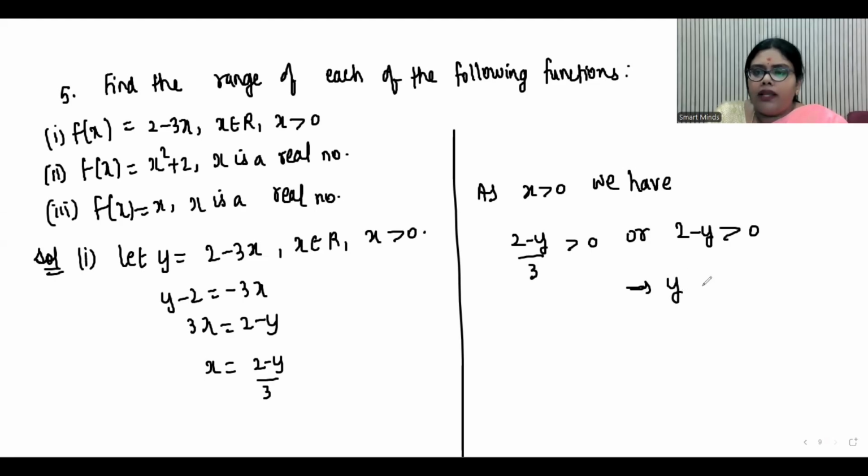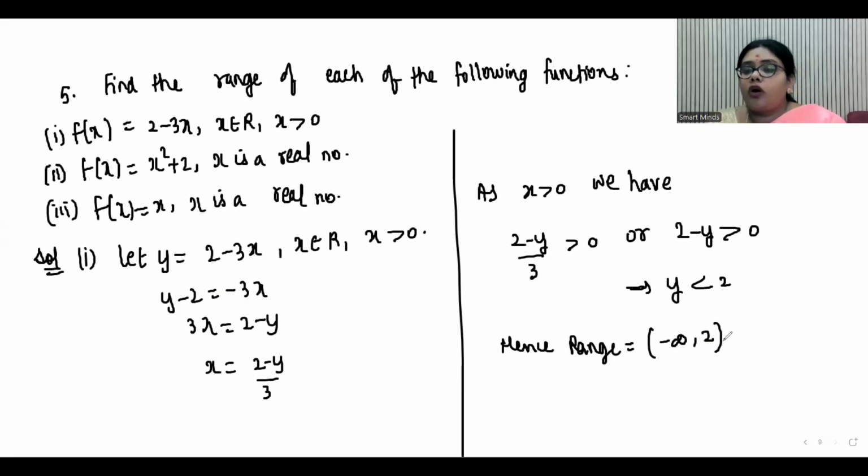That means y is less than 2. Hence, range is equal to minus infinity to 2. Here 2 is also not included because you don't have less than or equal to symbol. If you have equal to symbol, then we take closed brackets, square brackets.